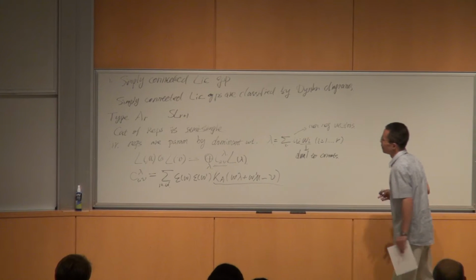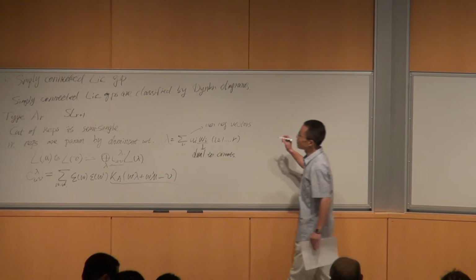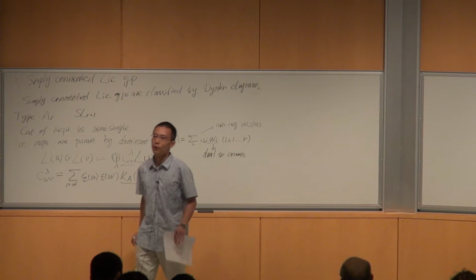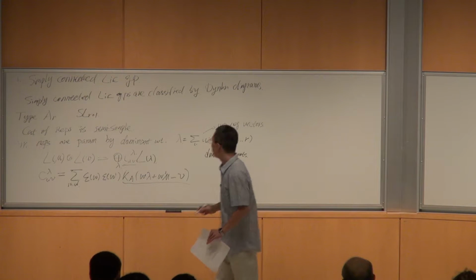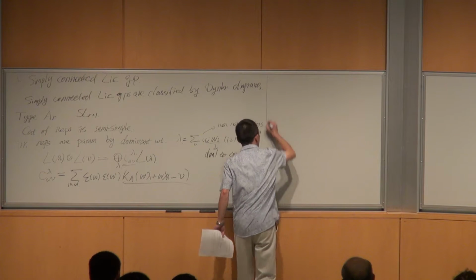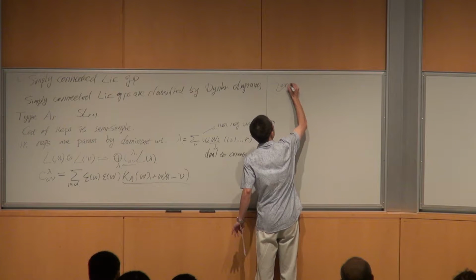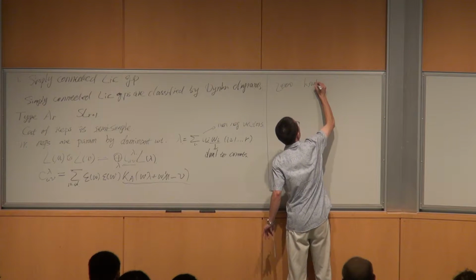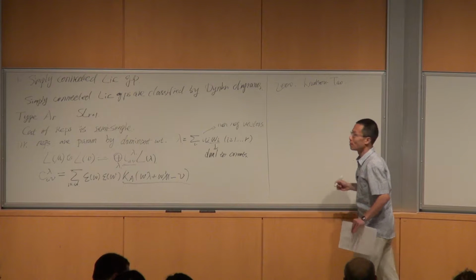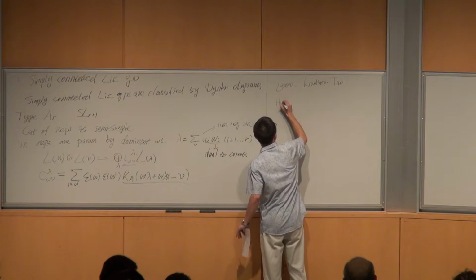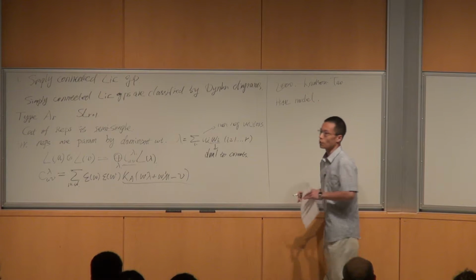So is there any better way to compute? In type A, the situation is nice because we know there's the Littlewood-Richardson rule, which is much better than this. But even better, around 2000, Knutson and Tao invented the hive model. So what is a hive model?